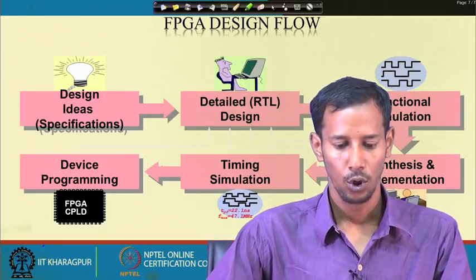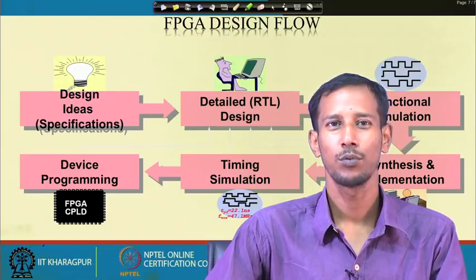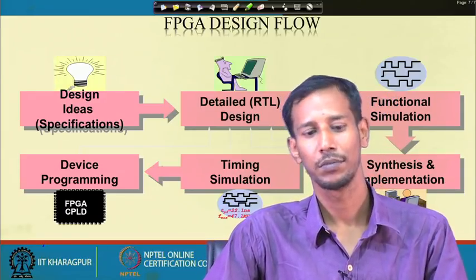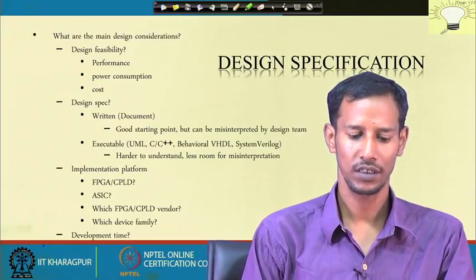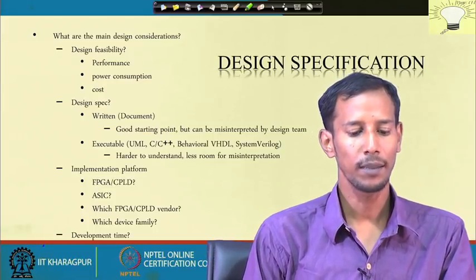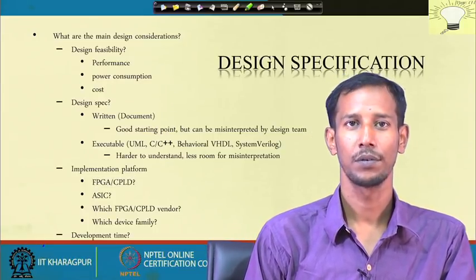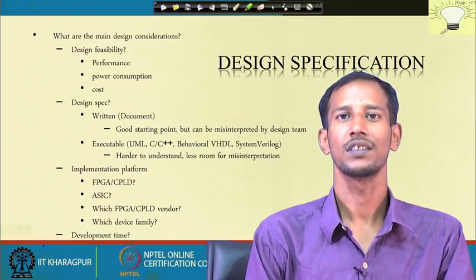Okay. Now I will briefly explain what each of these phases means. It starts with the design specification. What are the main design considerations whenever I am considering a design specification?